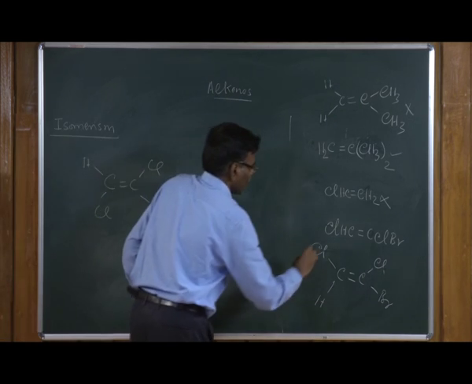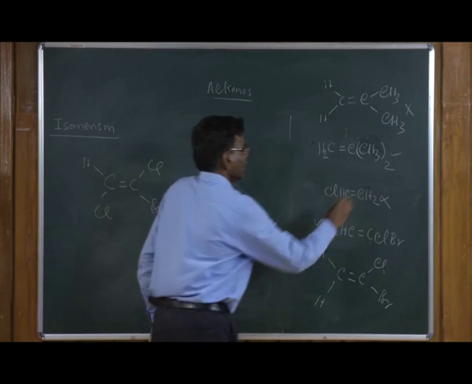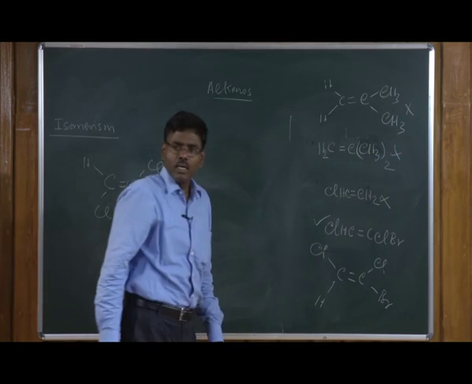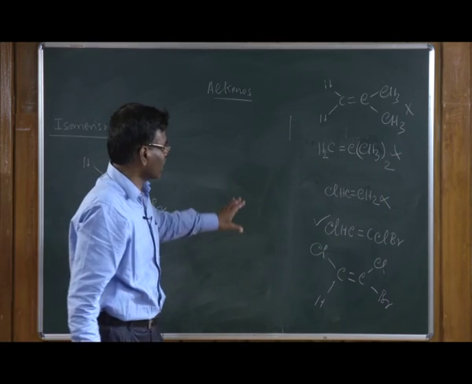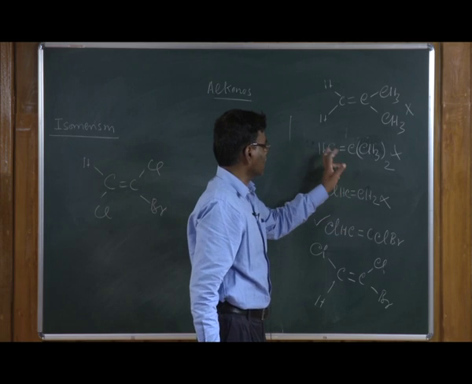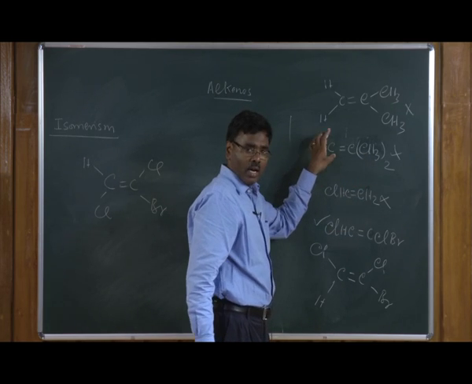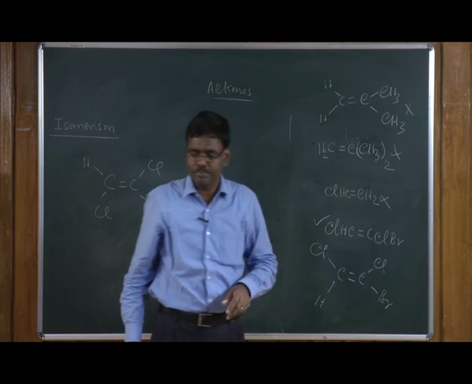So, therefore, this can exist as geometrical isomers. These two cannot exhibit geometrical isomers, because you have the same substituent on this carbon atom. Similarly, you have the same substituent on this as well as that carbon atom.